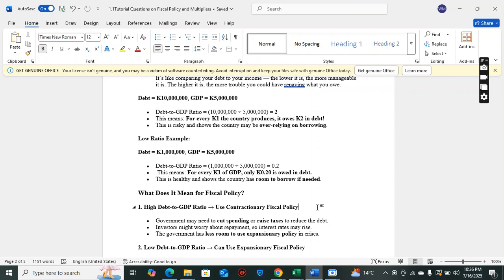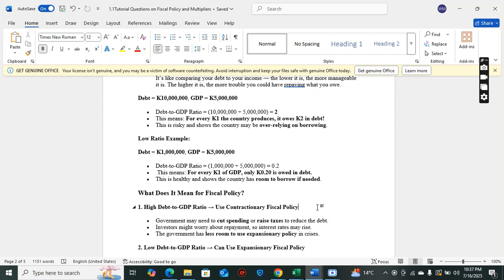It's not always the case, because a lot of countries have debt to GDP ratios with values above 1, but you see they're still spending. But theoretically, if your debt to GDP ratio is high, use contractionary fiscal policy.